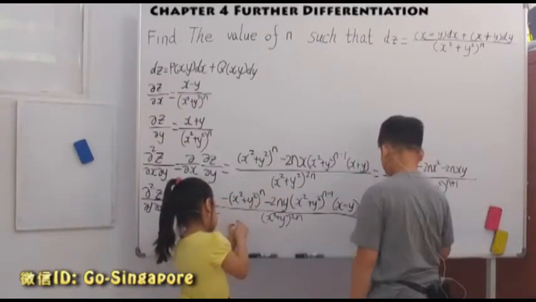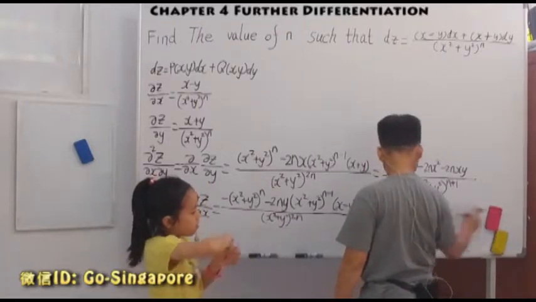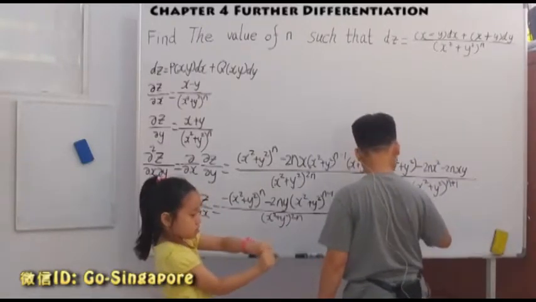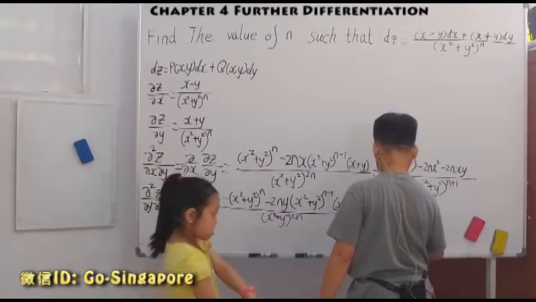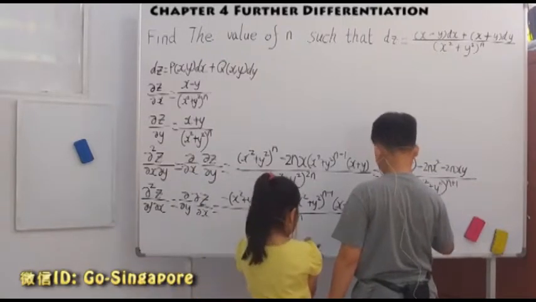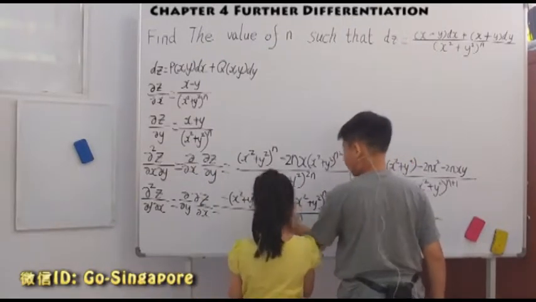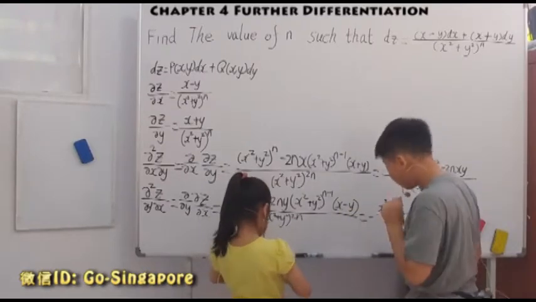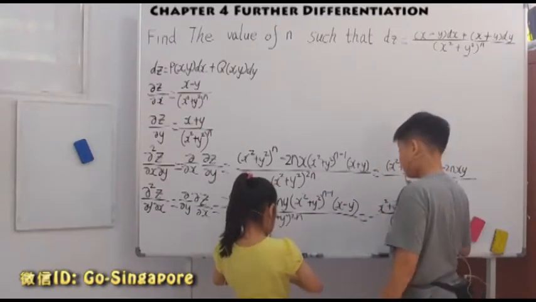Like this there will only be one of these left. So it will be like this. But remember, here will change from minus into a plus. Plus, plus, plus.